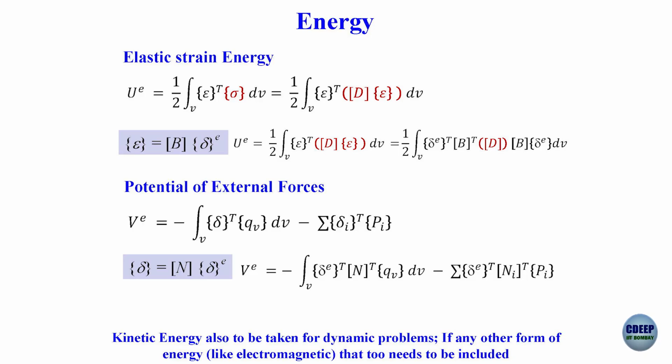The strain energy in an element is integrated over the volume of that element. So the integral over V is the volume of that element. It is a triangular 3-node element we are formulating right now.